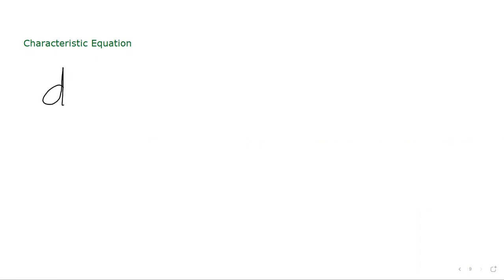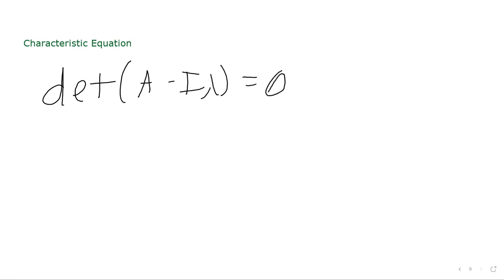But the way we find it is we're going to take this determinant of the A minus Iλ and set it equal to 0. So we are specifically looking for λ values that are going to make this determinant 0. And we're going to use that to find our λ.